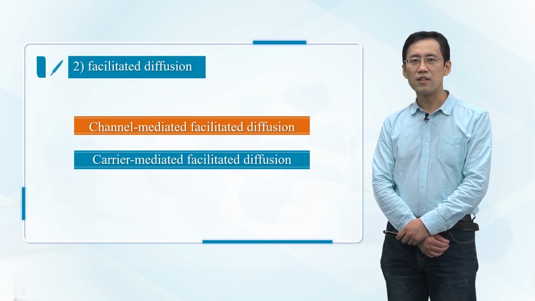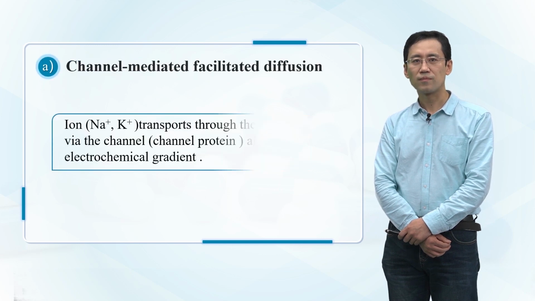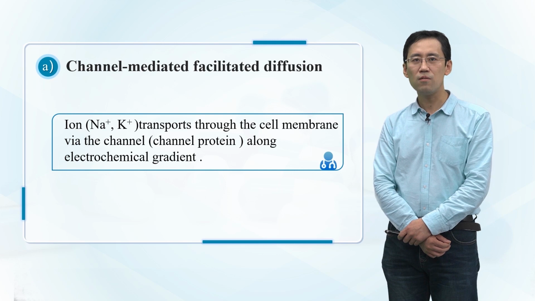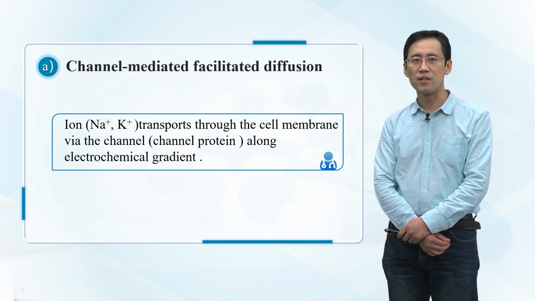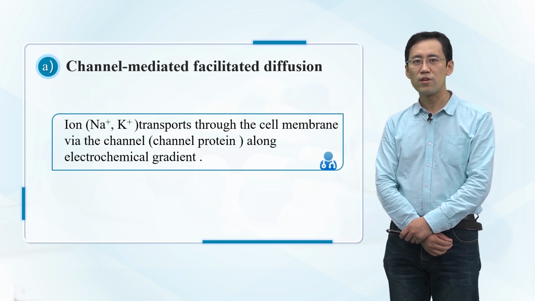Facilitated diffusion includes channel-mediated facilitated diffusion and carrier-mediated facilitated diffusion. Let's see the channel-mediated facilitated diffusion. Ions including sodium and potassium are transported through the cell membrane via the channels along the electrochemical gradient.